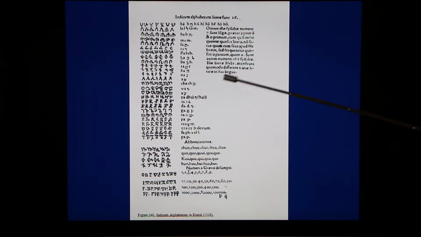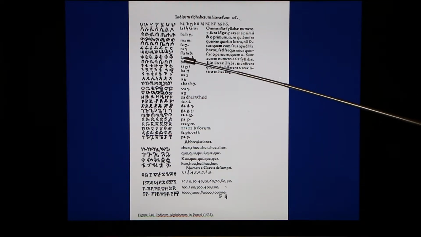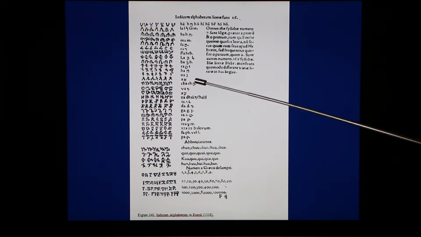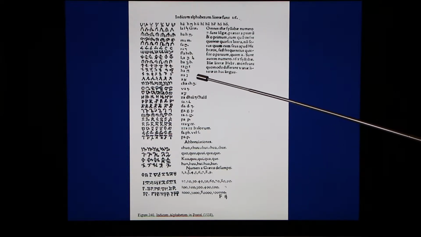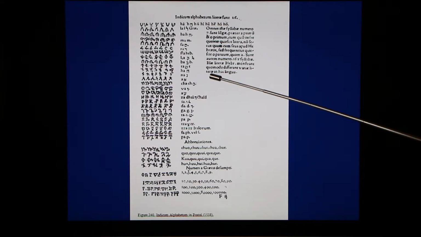So we have an alphabet called Indicum, and it changes the order of things that we're used to. Namely, it goes ha, la, ha, ma, sa, ra, sa, ha, ba, ra, ha, ma, and then the letter A, and then CH, and then VA, and then Rein, and then so on.